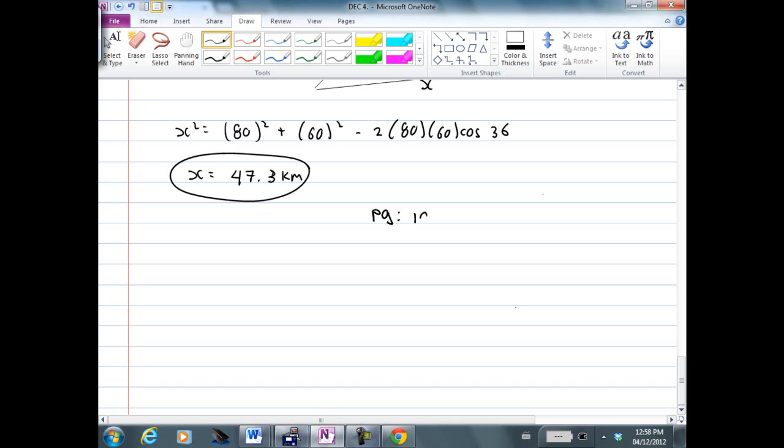Page 109. Number 12. 13. You're going to do this in exact order because you won't be able to do it in any other order. 10.